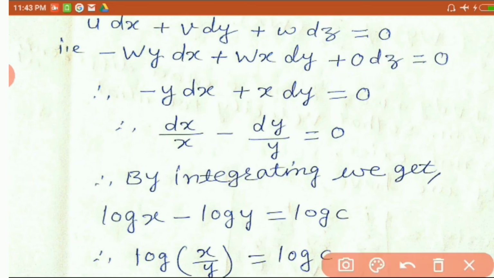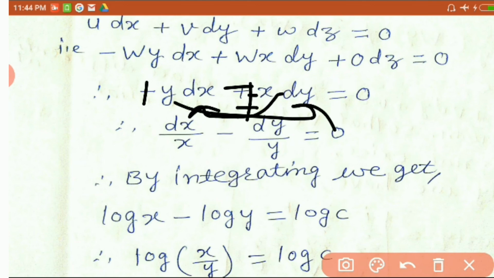So y dx is equal to x dy. Then dx upon x is equal to dy upon y, and we get dx upon x minus dy upon y is equal to 0.